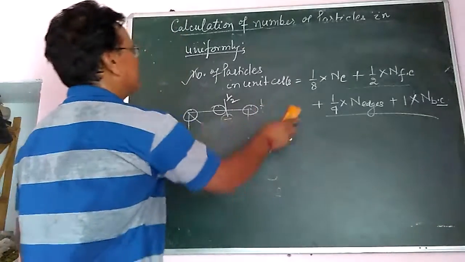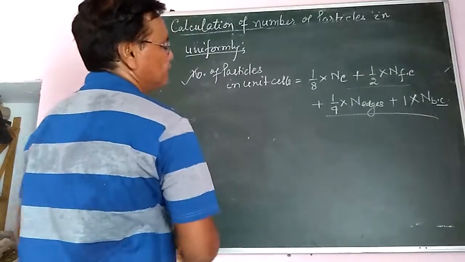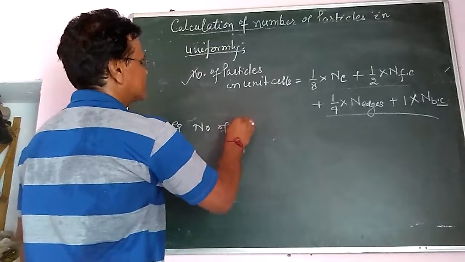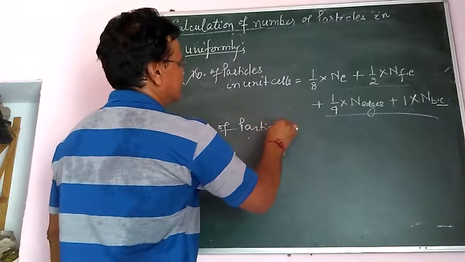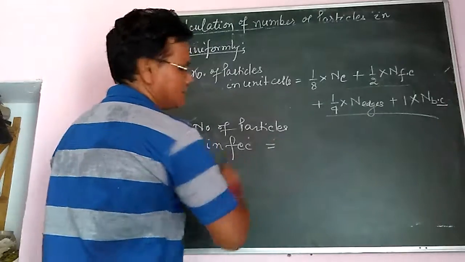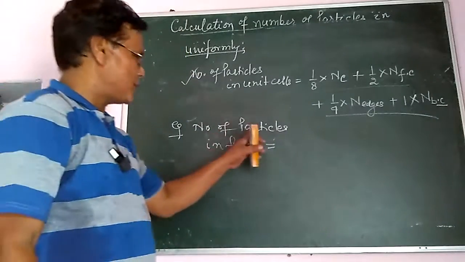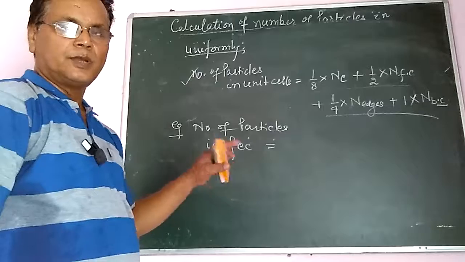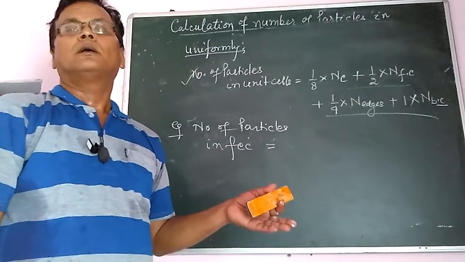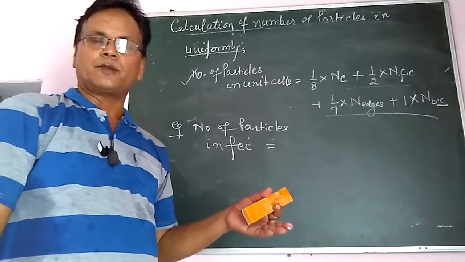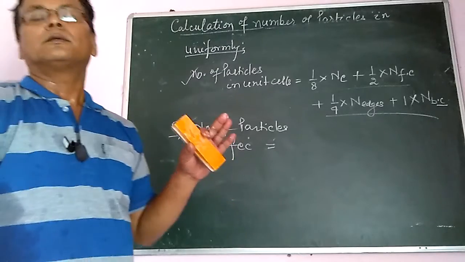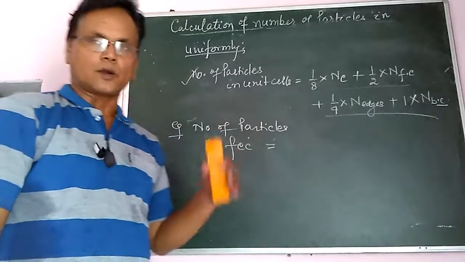Suppose you want to find the number of particles, atoms or spheres, in FCC. You must first know the location of the points at which the particles lie. First of all, the particles lie at the corners.